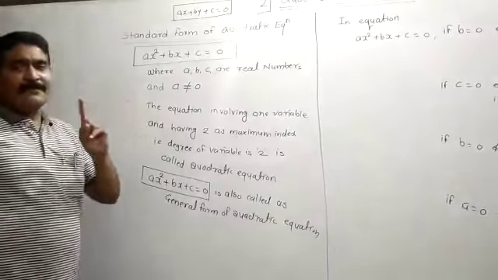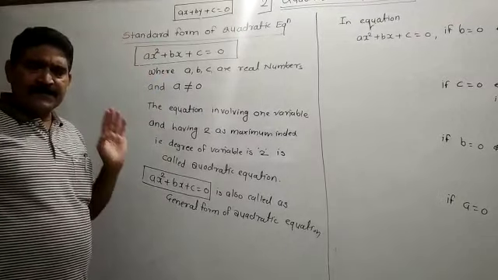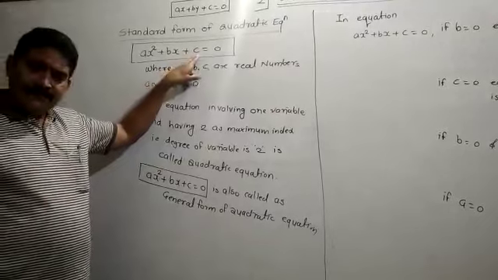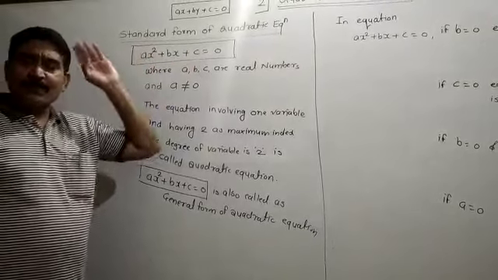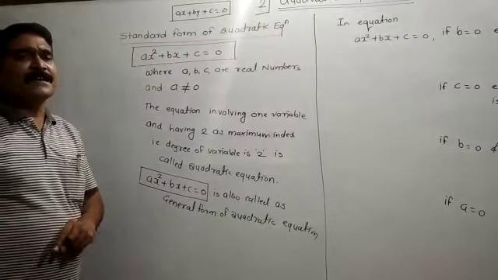You have to keep in mind that if b is equal to 0, no problem at all; you have to say that this is the quadratic equation. If c is equal to 0, then also this is the quadratic equation. If b and c both are equal to 0, then also this is the quadratic equation.